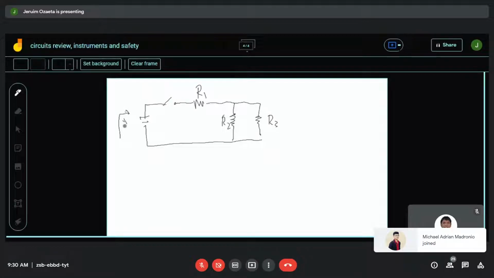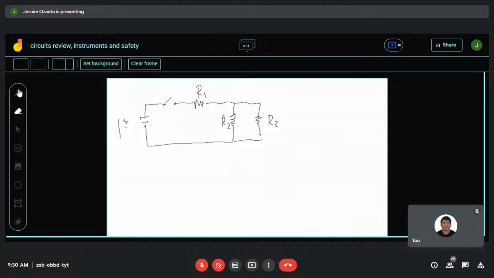The current goes to this direction, I. This is E. Let's call this point A, B, C, D. Okay.